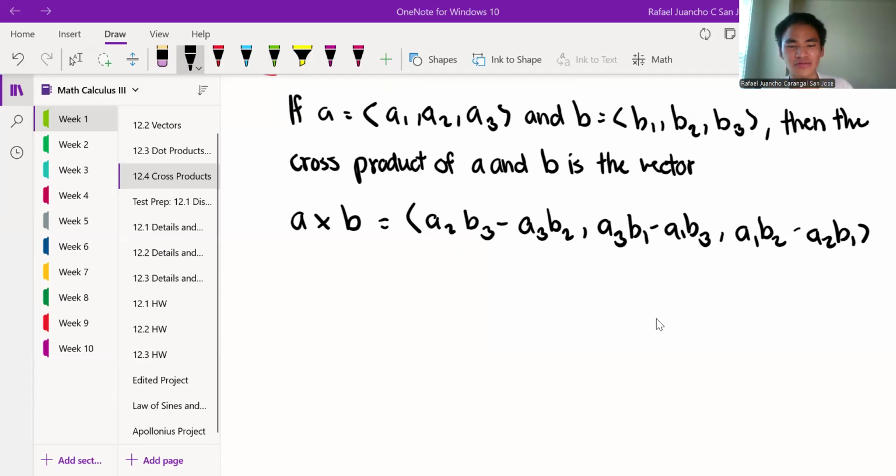Okay, and here, in order to make the definition easier to remember, we use this notation of what we call determinants. Interesting.